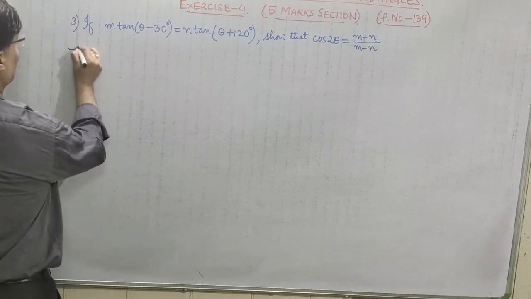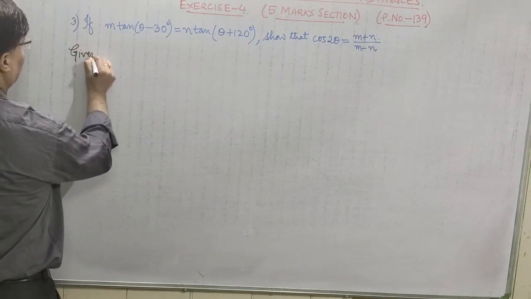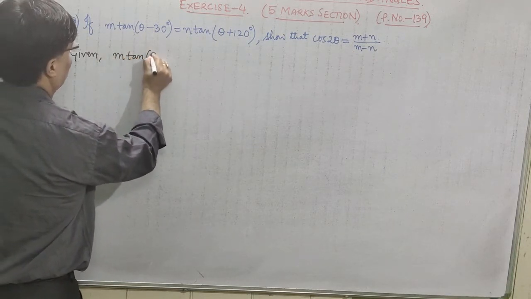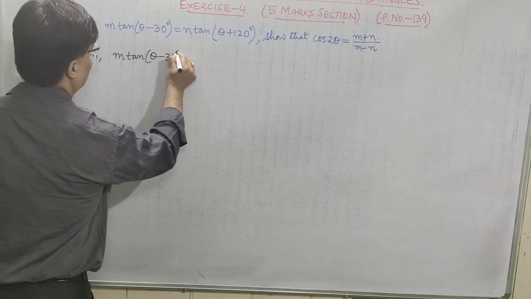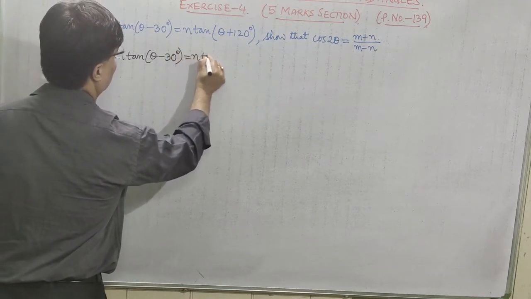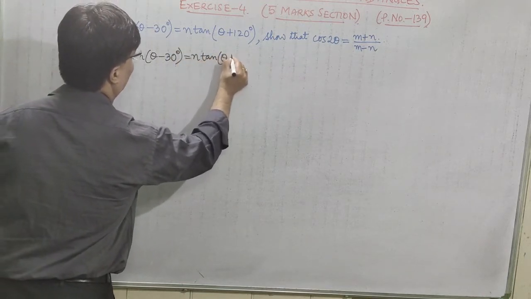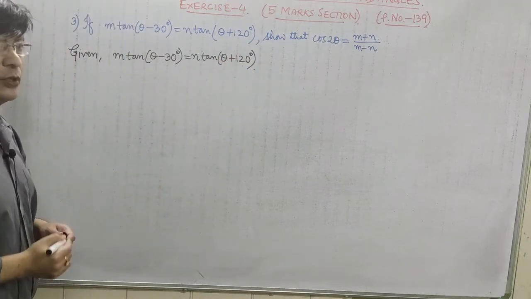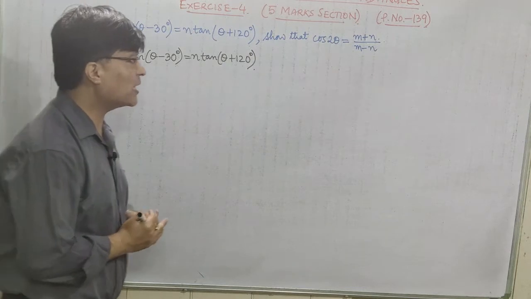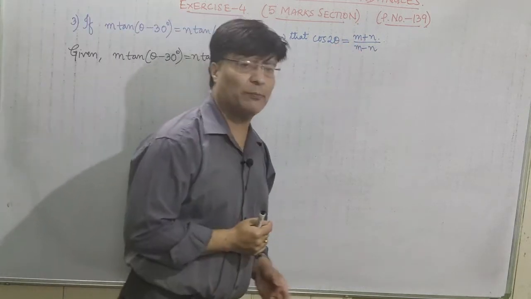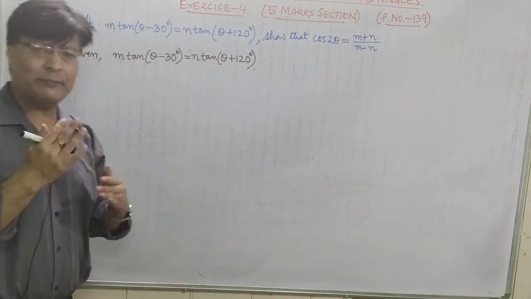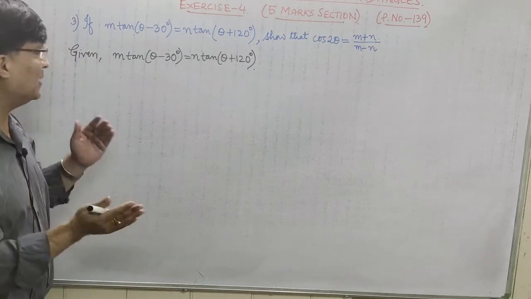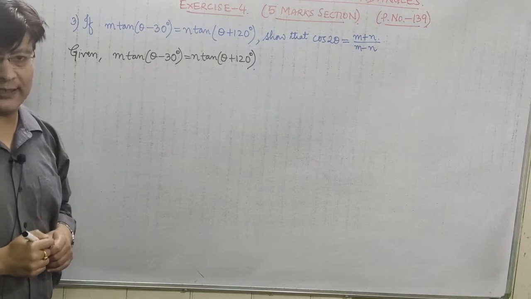Okay, so here given is m tan of within bracket theta minus 30 degree is equal to n tan of within bracket theta plus 120 degree. Okay, so now in this case, since we have to prove m plus n upon m minus n, you keep the terms containing m and n on one side and the trigonometric function on the other side.